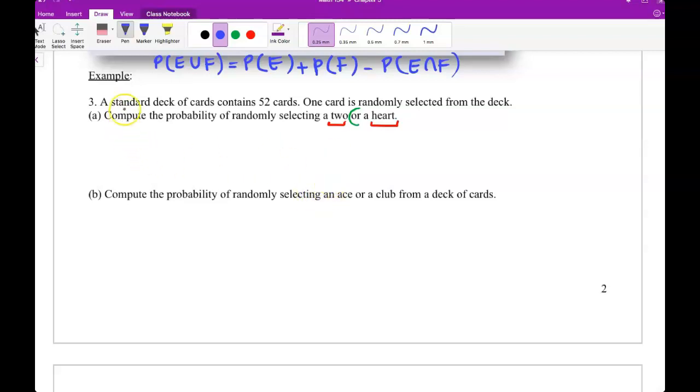Okay, so on this part, finding the probability of 2 or heart.